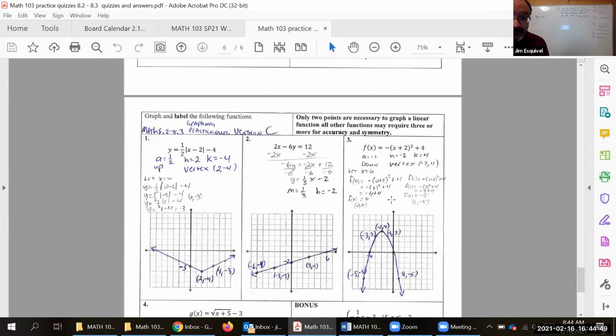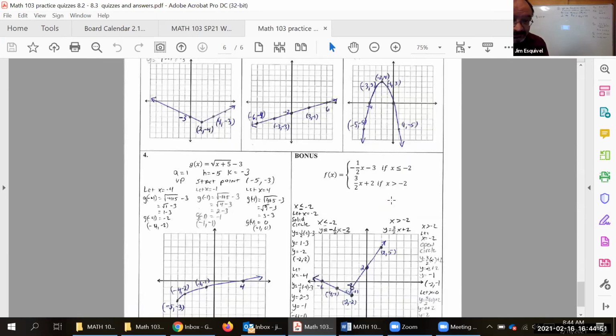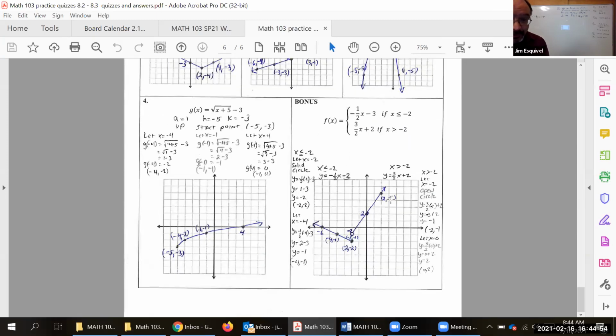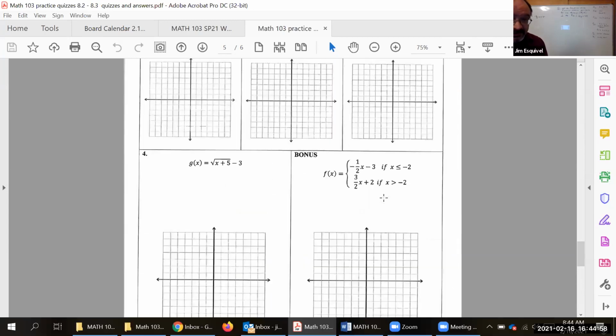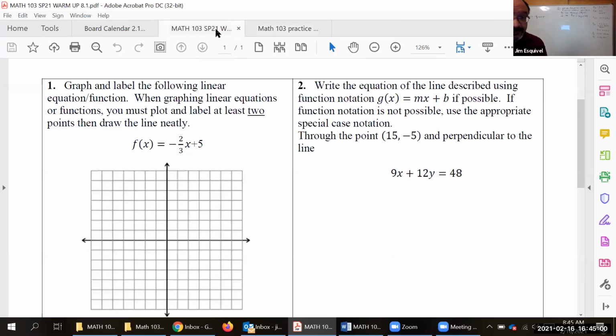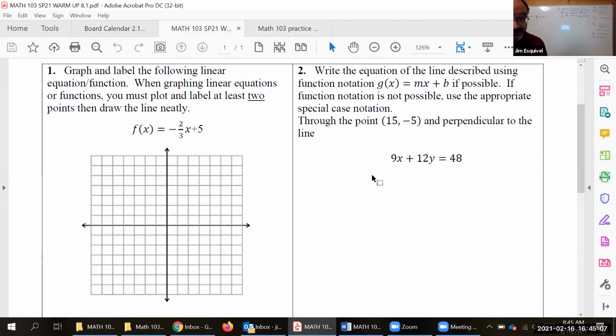So you get an idea of what I'm looking for, what the work looks like, everything that goes with it. Just like a review sheet for a test that you get when I give you the answers. This is an example of the review sheet for this quiz. Not this quiz on Thursday.